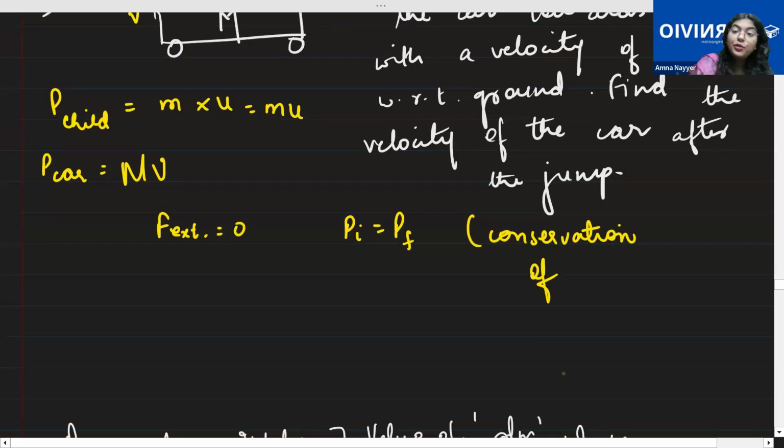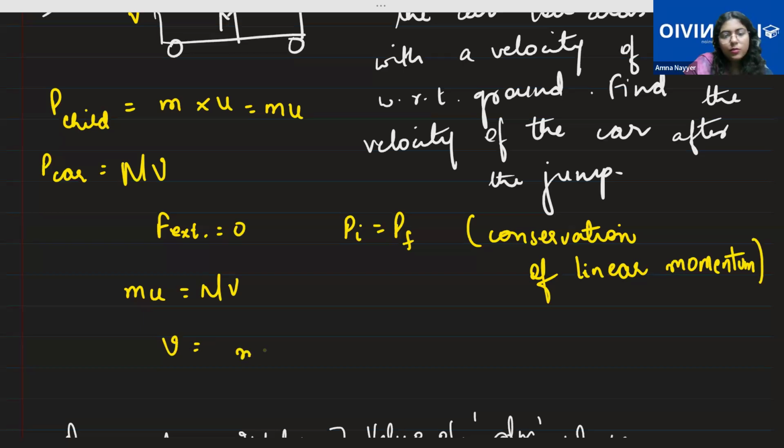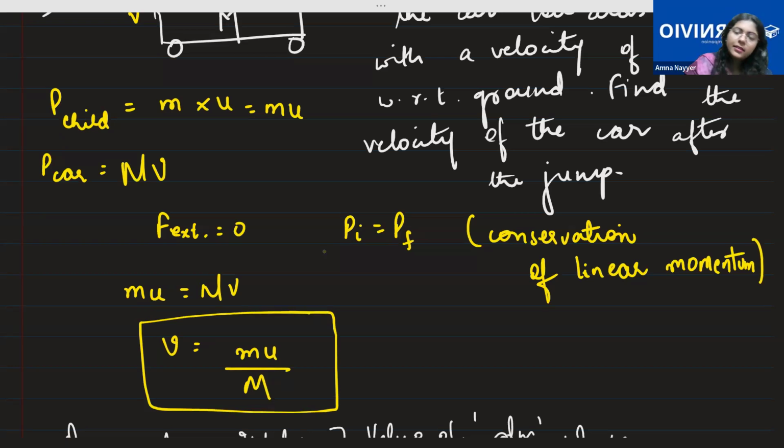In this chapter, you need to specify whether it is linear or rotational, because rotational is also there. So mu is equal to Mv, and velocity is equal to mu by capital M. Got it? That's all.